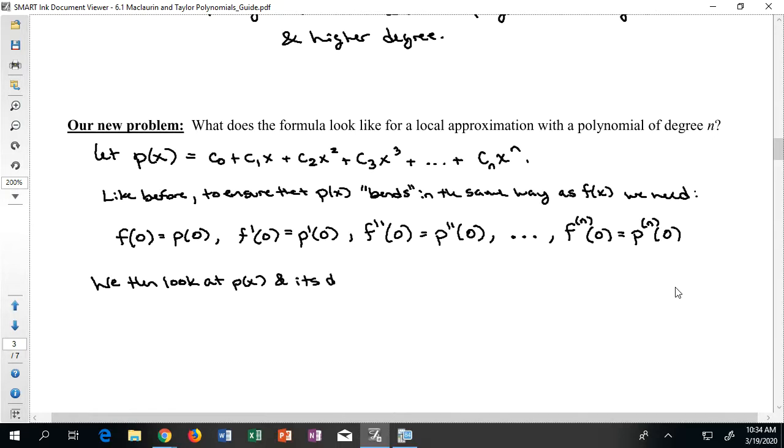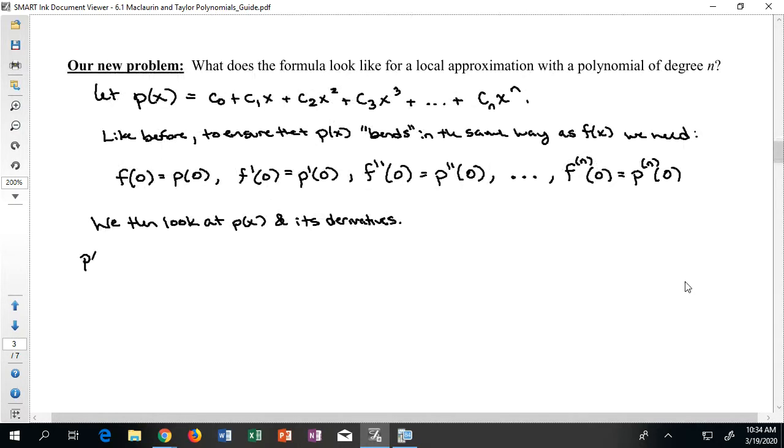And its derivatives. So we can see what we would need to be true to make all of these statements true. So I'll start here with what p of x is again. Remember, it's c0 plus c1 times x plus c2 times x squared plus c3 times x cubed. And it just keeps going until I get to cn x to the n.